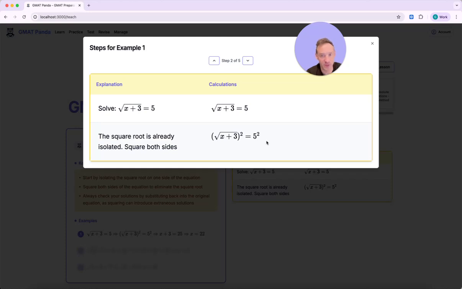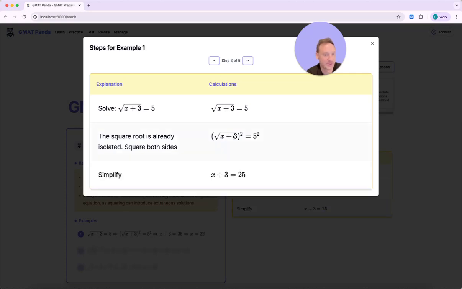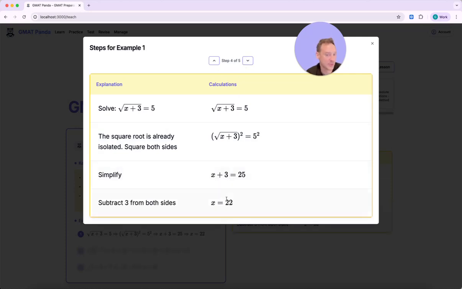We're allowed to do that because it's effectively the same operation on both sides. It doesn't change the equality. And by squaring the square root, we get rid of the square root. And we're left with x plus 3 equals 25. And at this stage, we can just solve like a normal equation.